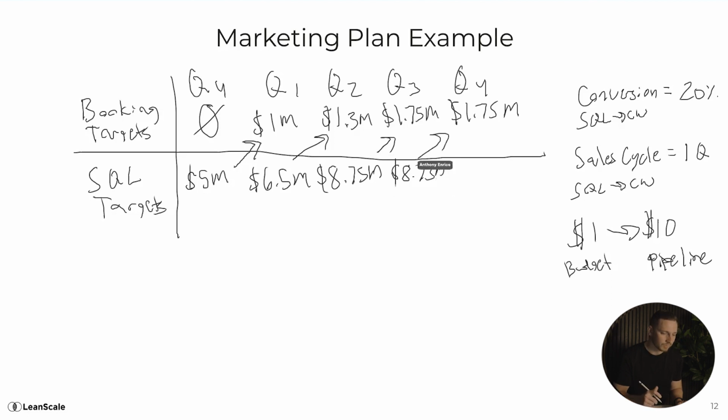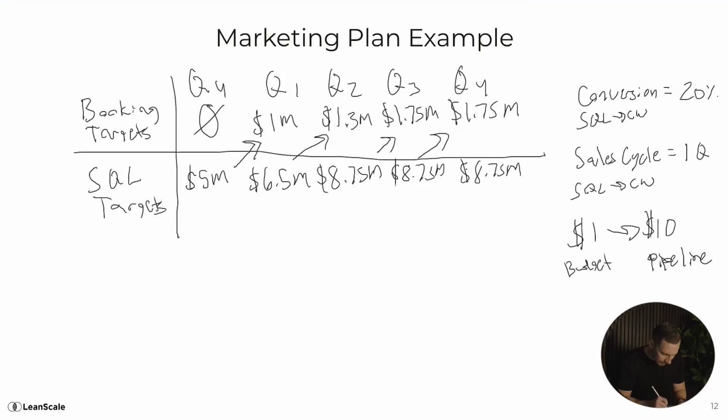And I'm going to assume you're going to keep the same goals or higher moving into the next year, so I'm also going to assume that you'll need 8.75 million there too. So that's why it's so important to be measuring your conversion rate and your sales cycle, so you know exactly when you need that pipeline to hit so you can hit your future bookings targets.